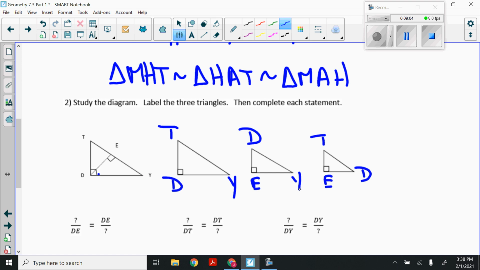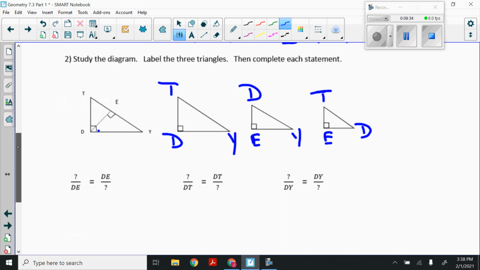So we notice that Papa and Mama have some that are alike. Papa and Mama both have a DY in them. And notice that Papa and Baby both have TDs in them. I notice that I've got DE and DE both in Mama and Baby.